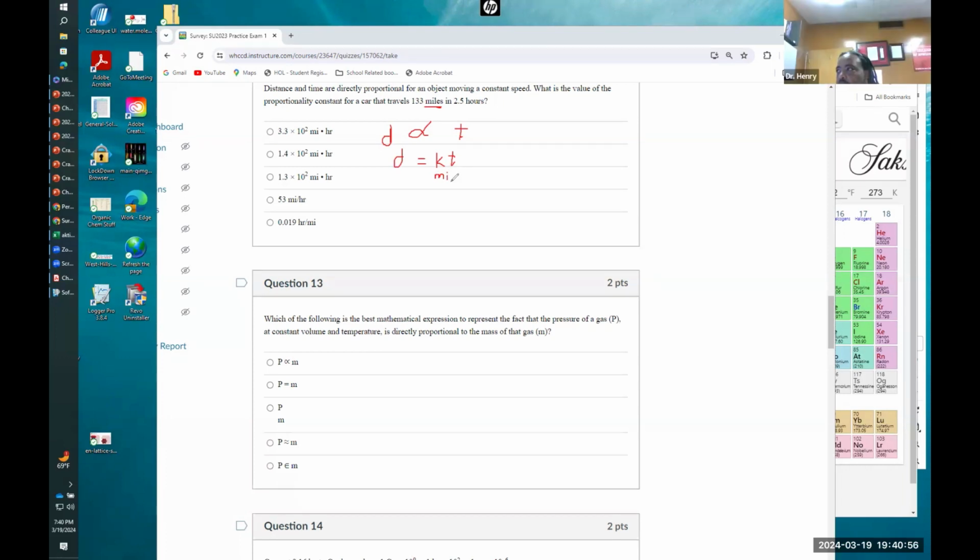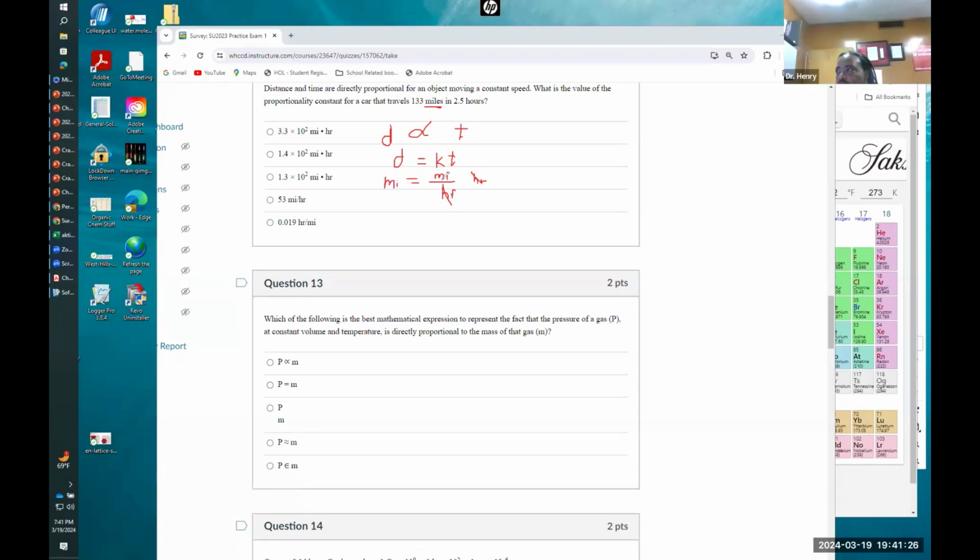And on the bottom, so that the time cancels out, our time in this case is hours. So on the bottom, for it to cancel out, it has to be hours, because this represents the units for our K. Hours divided by hours is going to cancel out, and that's going to equal miles. Right?